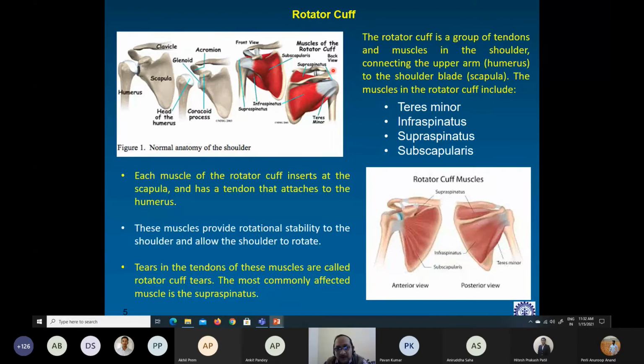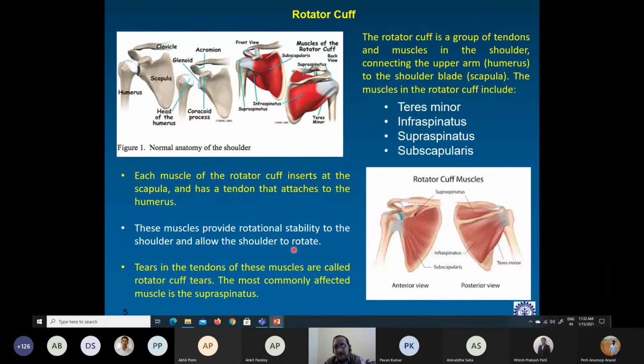So what is the function of each muscle of the rotator cuff? Each muscle of the rotator cuff inserts at the scapula and there is a tendon that attaches to the humerus. So they are muscles attached between the scapula and humerus exclusively, no other bones. These muscles provide rotational stability to the shoulder and allow the shoulder to rotate.